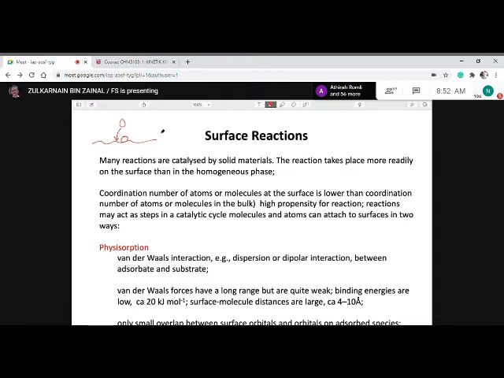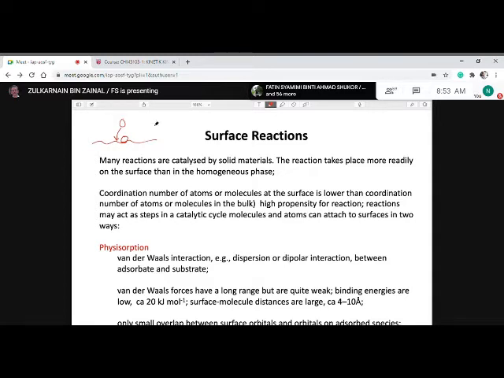If it involves chemical adsorption, then it will involve a strong bond between the adsorbent and the adsorbate, and sometimes also breaking of bonds, formation of strong bonds, and overlapping of orbitals. So that is a very strong adsorption process.